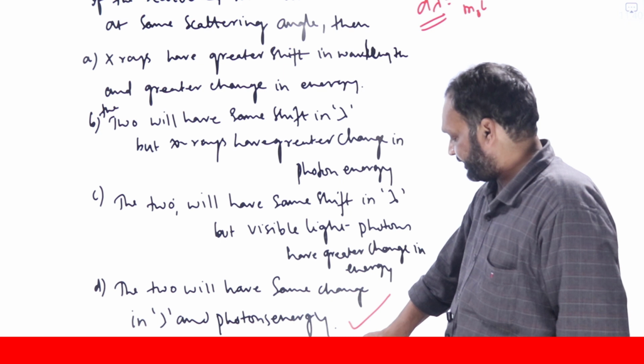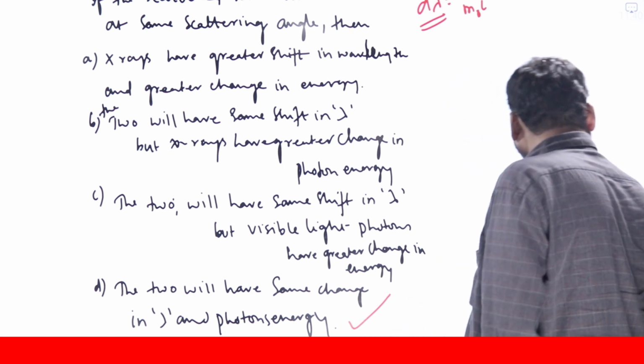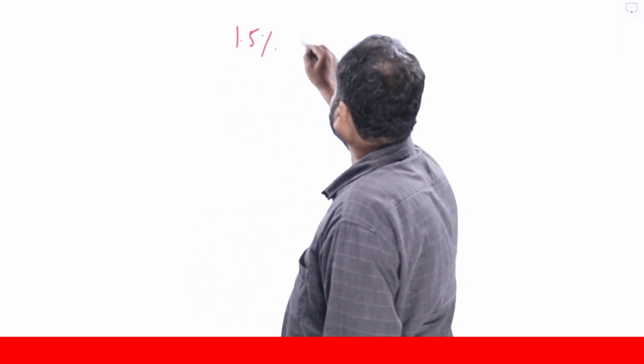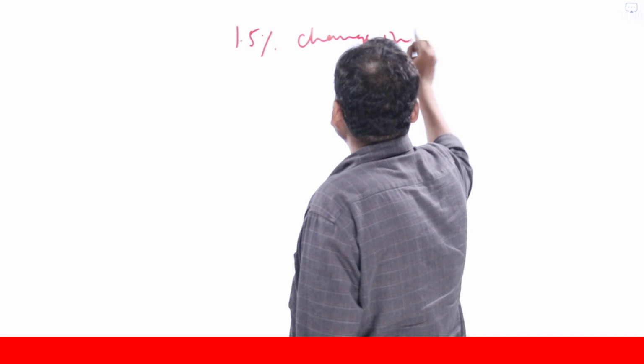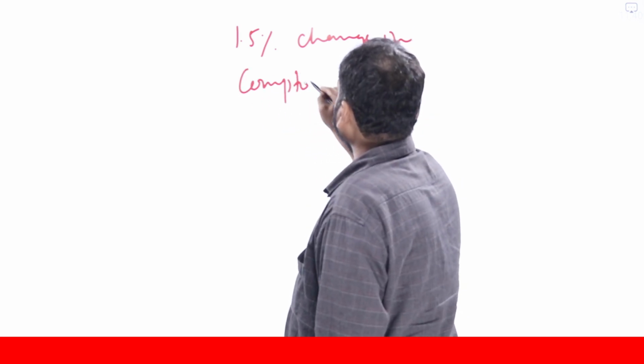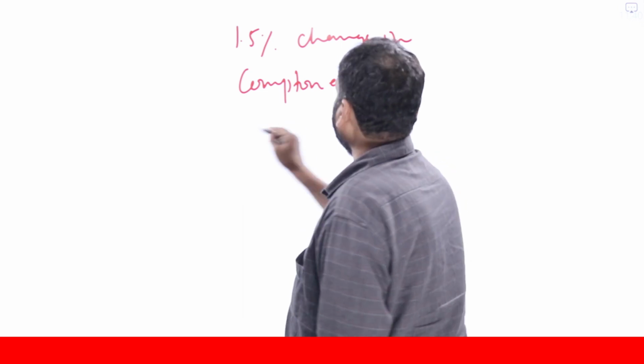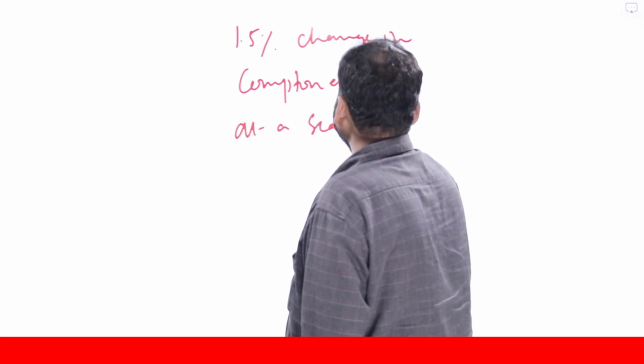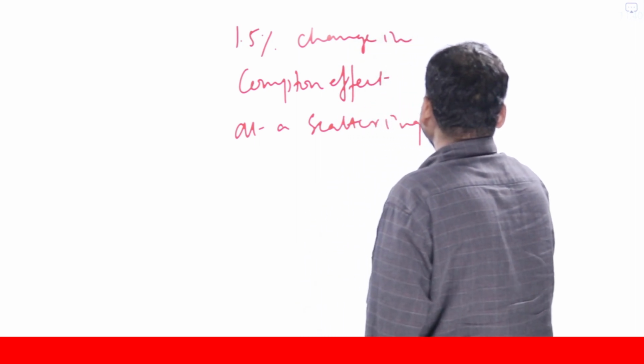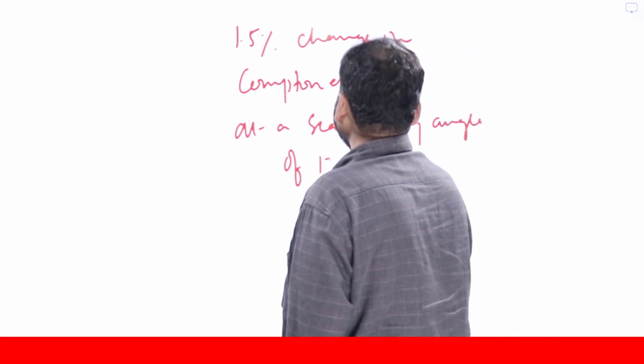The next problem in the Compton effect is like this. A scientist has observed a 1.5% change in the Compton effect at a scattering angle of 120 degrees.